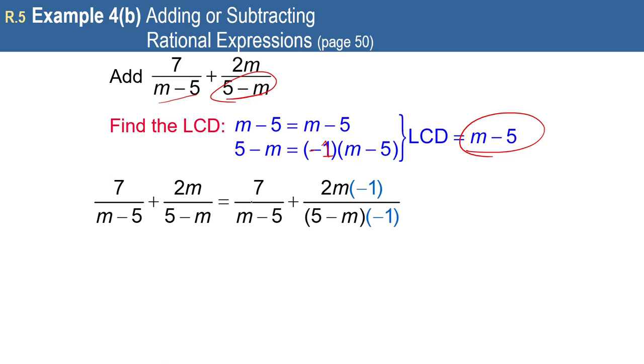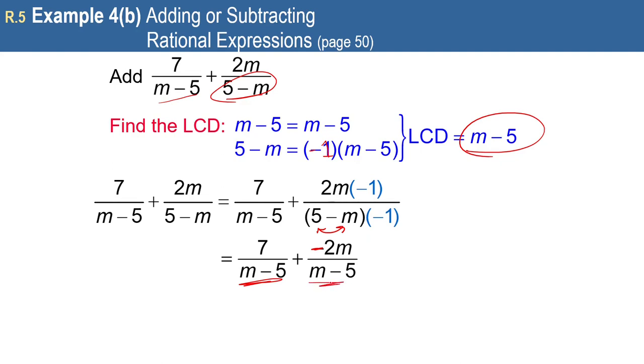We're factoring out the factor of -1 from the top and the bottom, which is equivalent to multiplying the top and bottom by -1. Notice that the negative gets transferred to the top, and the denominator switches around so it's exactly the same, m minus 5.